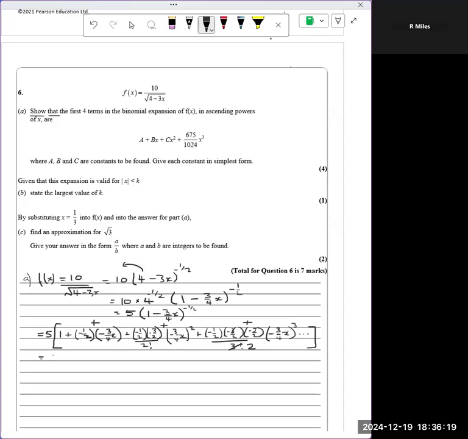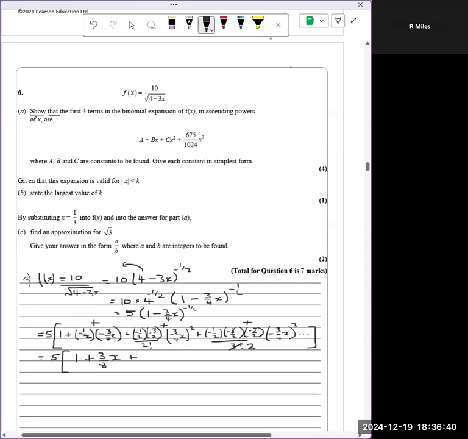So let's actually work these out. The first one, well, actually, I'll leave the 5 for another step. So we've got 1, and then we've got a half of 3 quarters, which is 3/8, so 3/8 x. The next one, I think I'm going to do on the calculator.